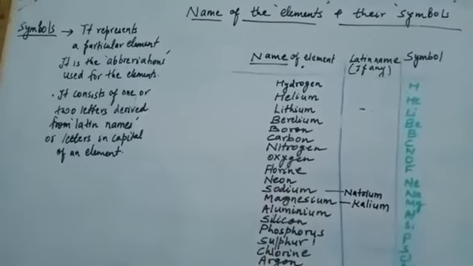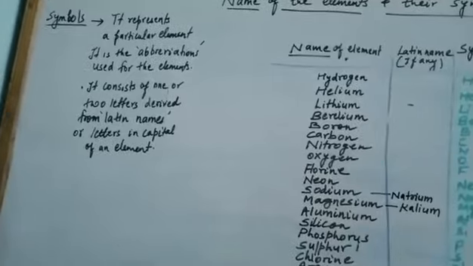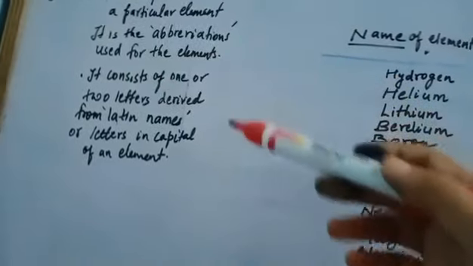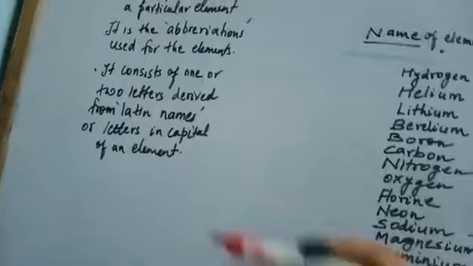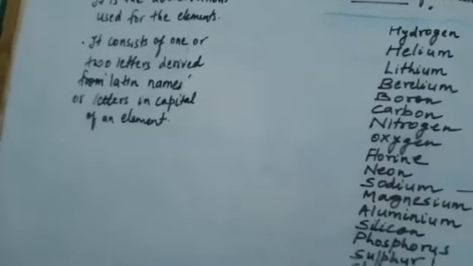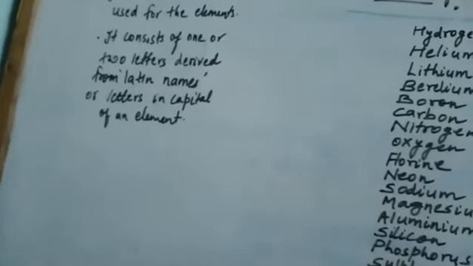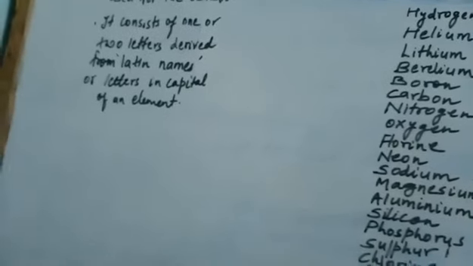First you should know, a chemical symbol of an element represents a particular element. It is actually the abbreviation used for the full name of any element, and these symbols consist of one or two letters derived from the Latin name of that element, or it might be one or two letters, or the third letter, in capital form of the English name of that element.